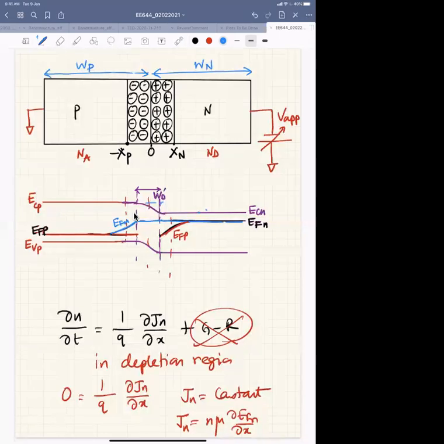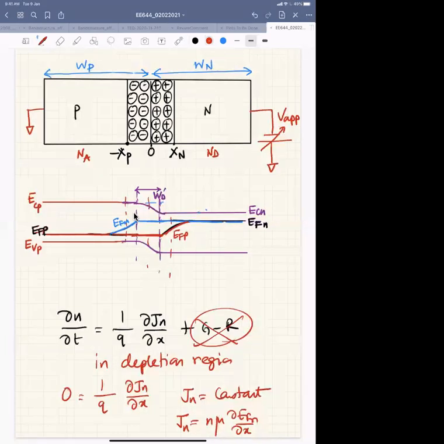Okay, so I will come back to this point. Let's leave it here. I'll not complicate things, because at this point, just keep in mind that your quasi-Fermi levels will be constant in the depletion region.